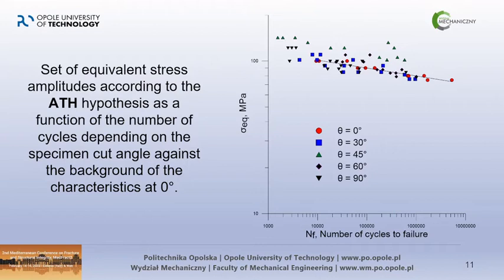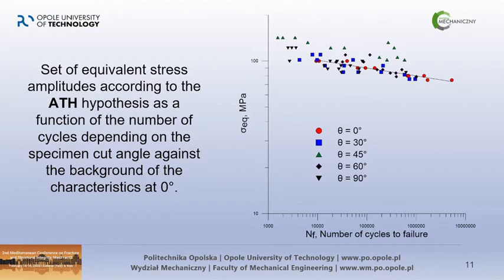hypothesis, and here you can see the relationship between the calculated equivalent stress for different number of cycles to failure, and it has been calculated for each theta. So this is the angle of cutting the specimen, and depending on the color used, there are different angles.